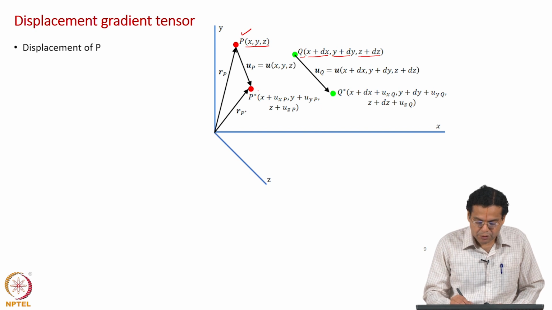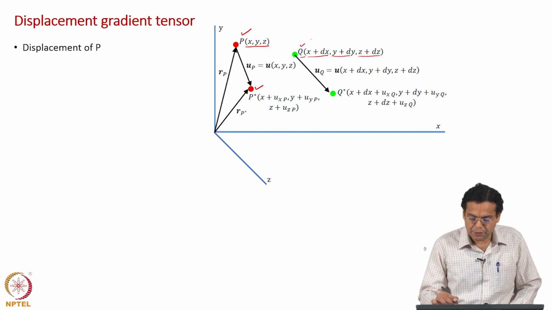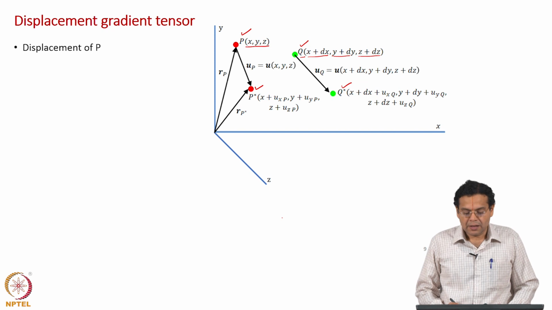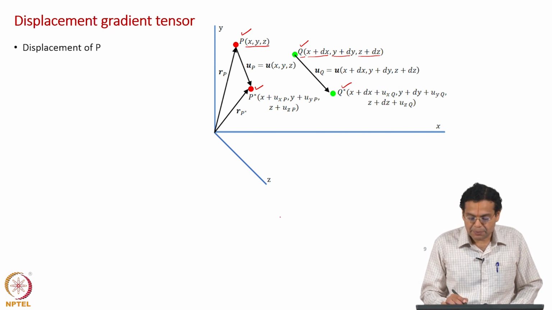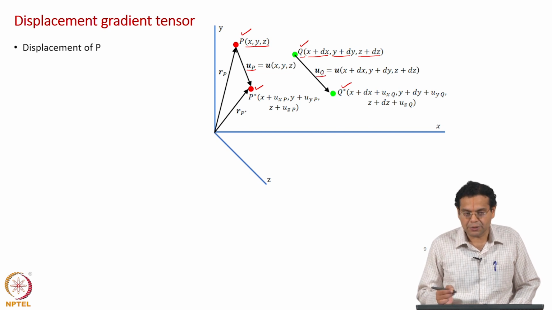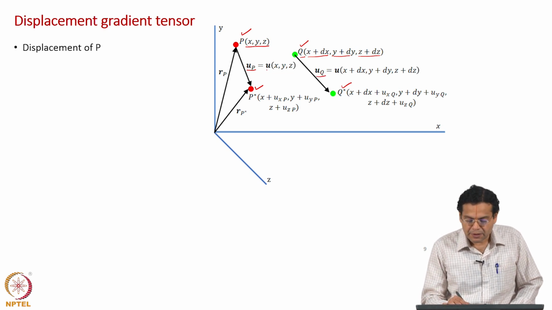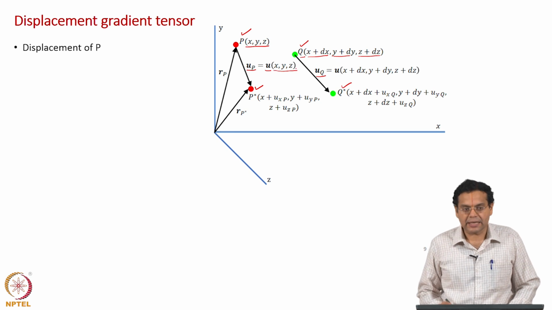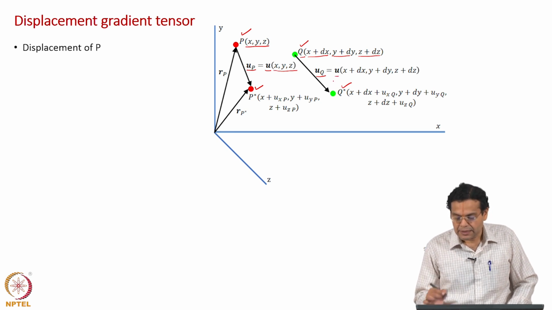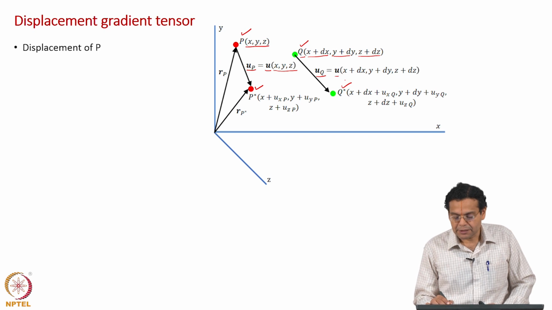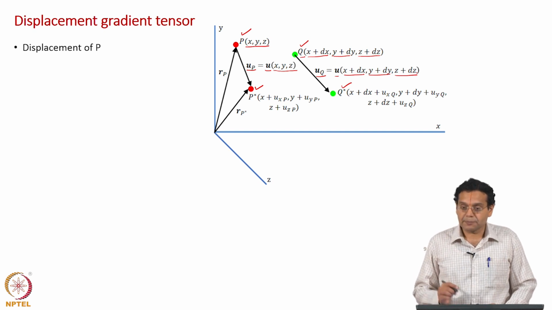P has moved to P star and Q has moved to Q star. The respective displacements are denoted by u vector P, u vector Q. Alternatively, in terms of displacement field, because P is at x, y, z, it is the displacement field at x, y, z, and the displacement of Q is the displacement vector at x plus dx, y plus dy, z plus dz.